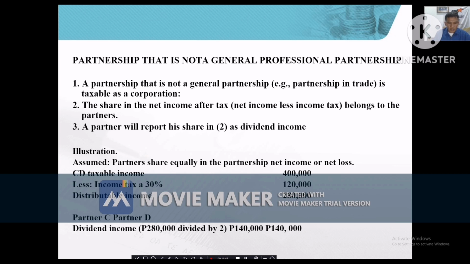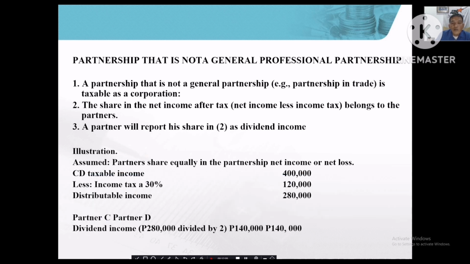Okay, iuulat ng isang kasosyo ang kanyang bahagi bilang kita sa dividendo. So, ating illustration. Okay, assume partners share equally in the partnership net income or net loss. Okay, so si partner C and D, yung net income nila is 400,000.